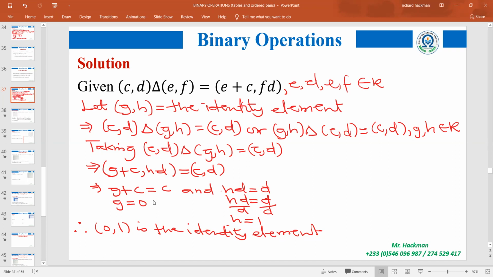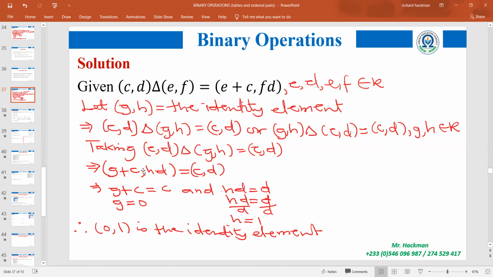So now what do you do? You use your operation and its rule. And remember, the rule for the operation is the first of the second plus first of the first. That will be your first. So what you have here, first of the second plus first of the first, so G plus C. Then the next one will be second of the second times second of the first.